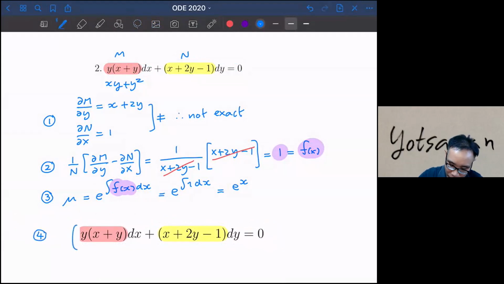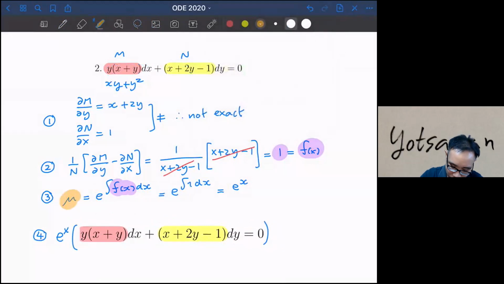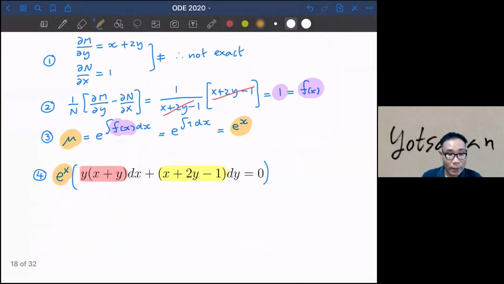Okay, so you multiply the whole thing by mu, which is e to the x that you found in the third step. So you have mu equal to e to the x. And that will lead you to x y e to the x. Let's group x together because we're going to integrate.